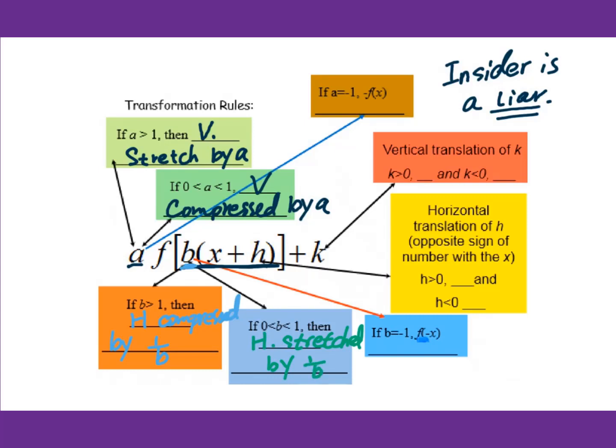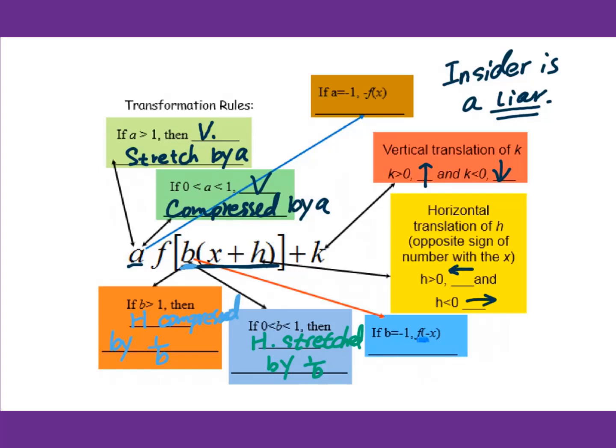When k greater than 0, it will be moving up. Less than 0 is moving down. But for this h greater than 0, it will be moved to the left. Less than 0, move to the right.